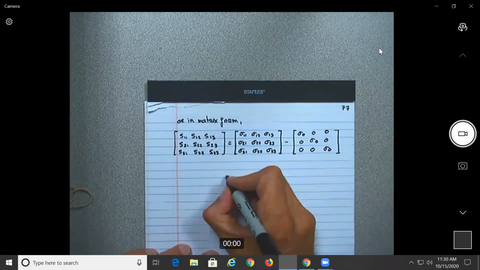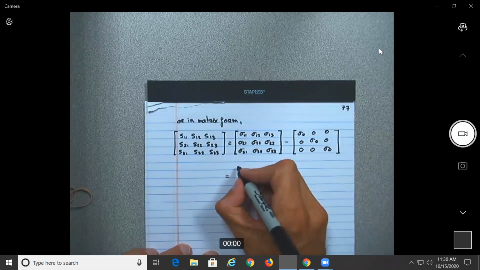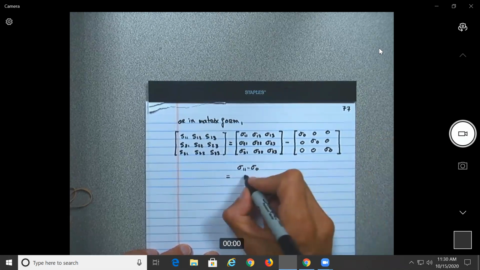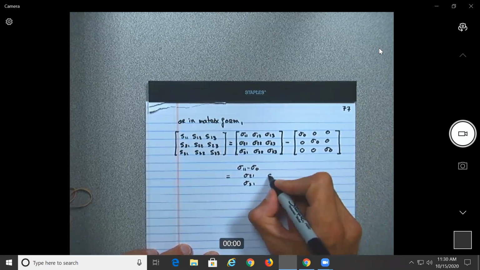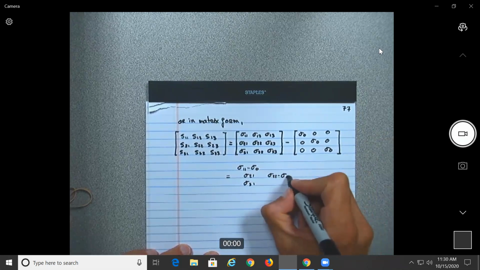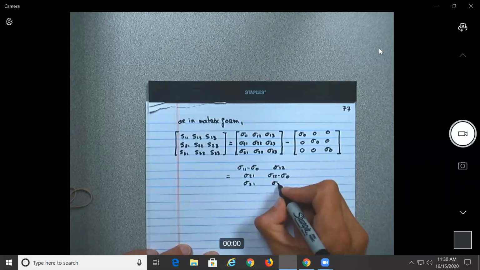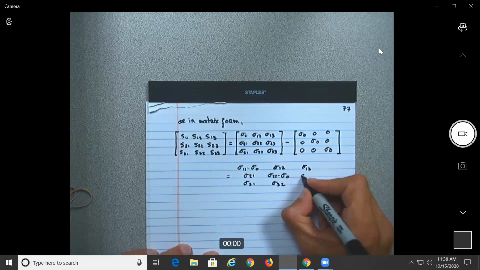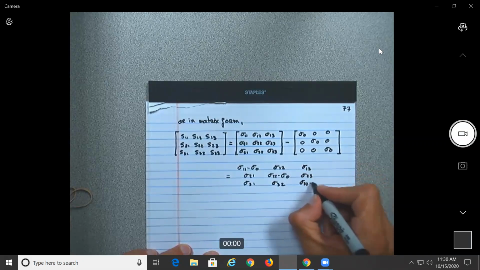I'm not going to write the one on the left-hand side, it's long, but what's important to notice is that we're going to have here sigma 11 minus sigma naught, sigma 22 minus sigma naught, sigma 12, sigma 13, sigma 23, sigma 33 minus sigma naught.